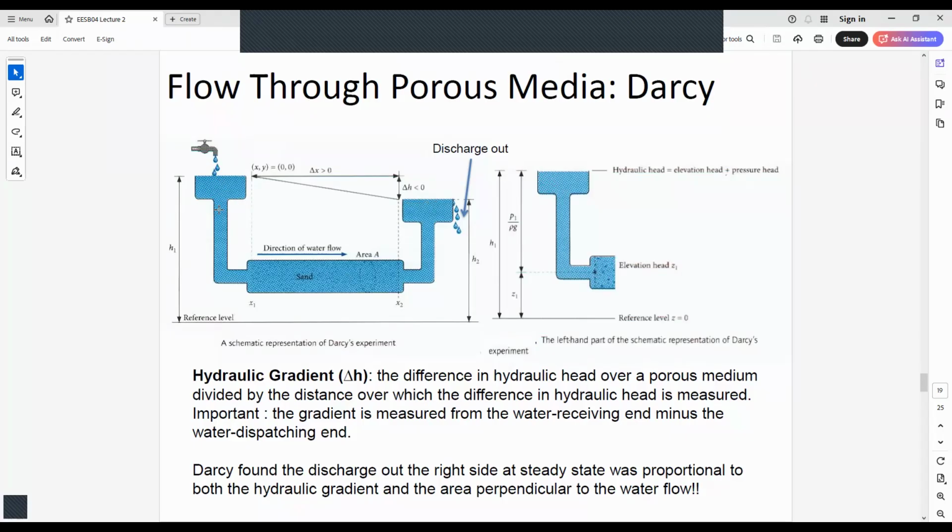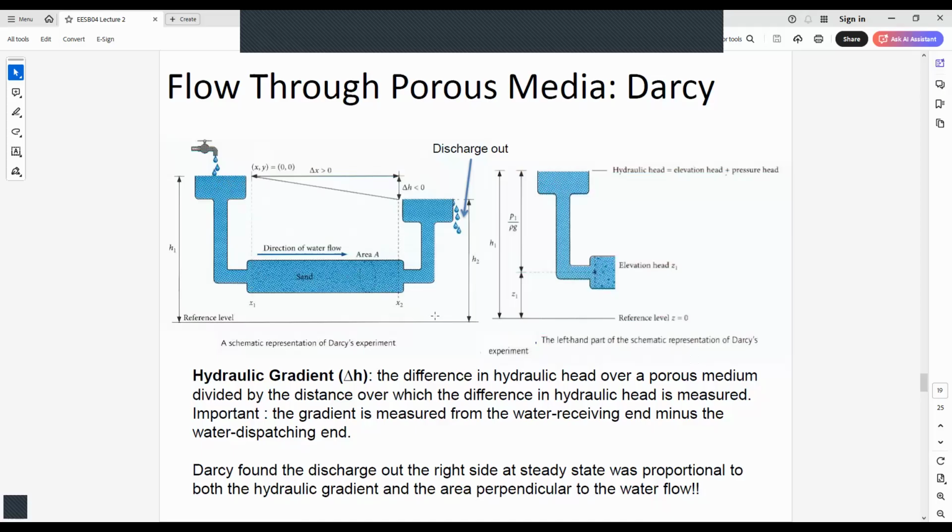So water enters the aquifer through here and it exits the aquifer here. So you'll have a difference of hydraulic head, H1 and H2. And you can also calculate the flow area. The difference in this elevation divided by the distance is known as the hydraulic gradient.